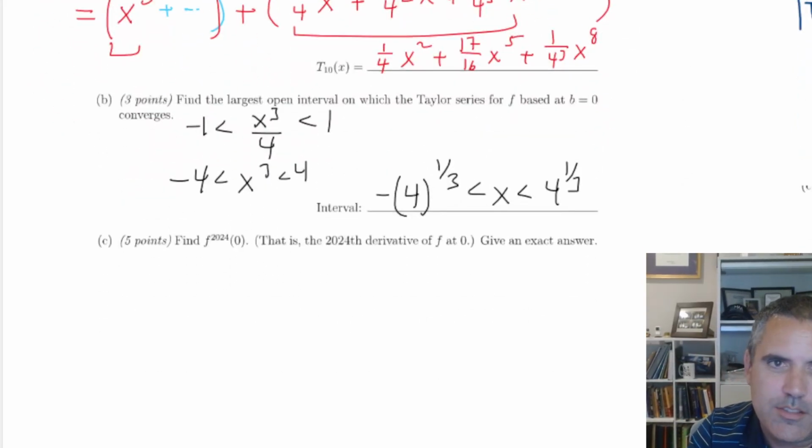Okay, the last goofy part is asking about the pattern. So the quick answer here is, if you had done the normal Taylor polynomials by taking lots and lots of derivatives, you would have eventually gotten to a term that looks like this. So it's not asking you to take 2024 derivatives.